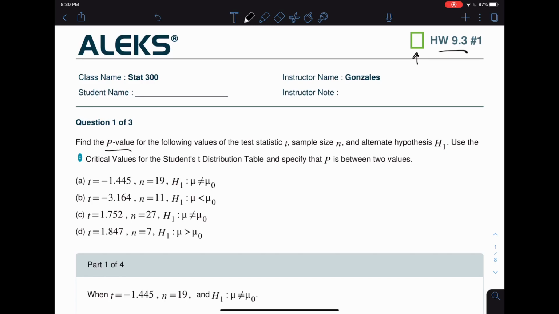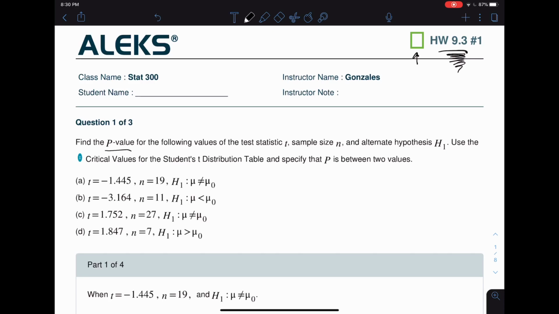And just to be honest with you, when I ask for a p-value, I'm not going to ask for a p-value in the questions of 9.3, because p-values in 9.3 using a t distribution are a little bit messy in some ways.